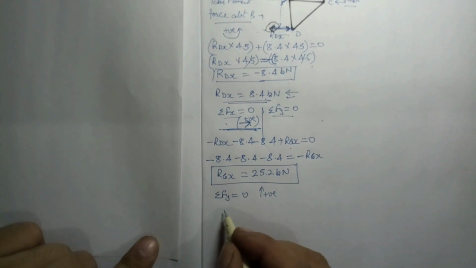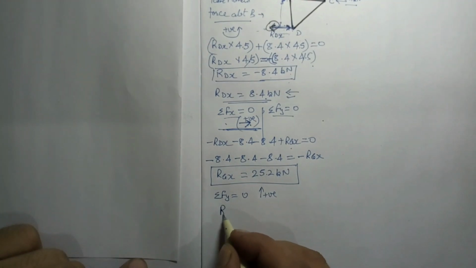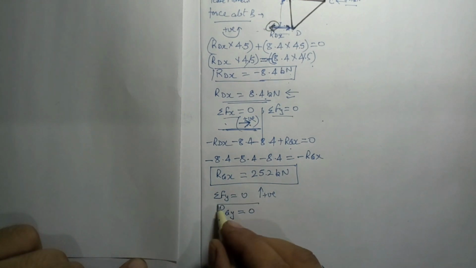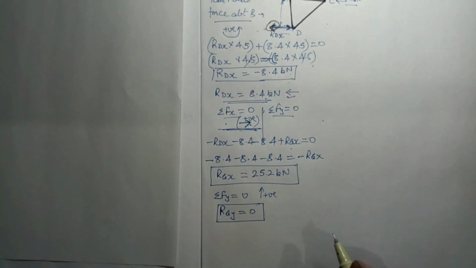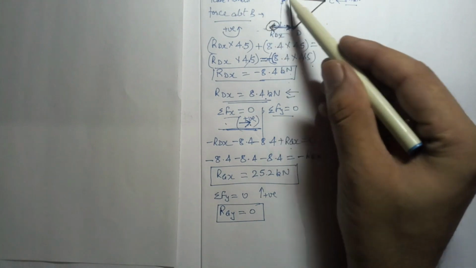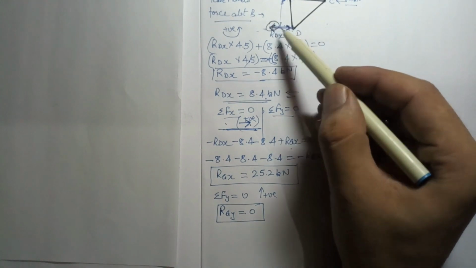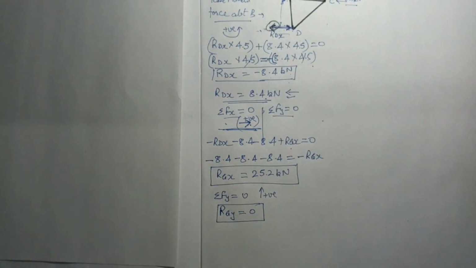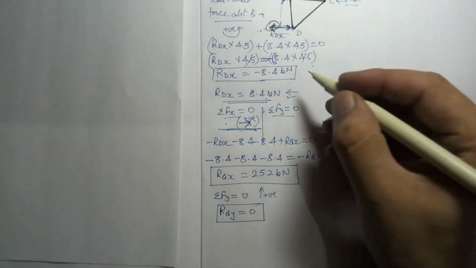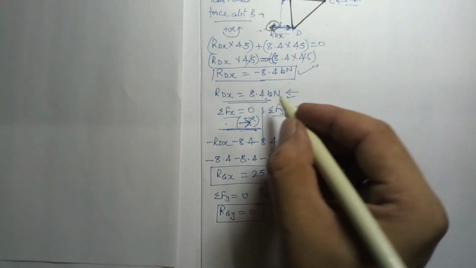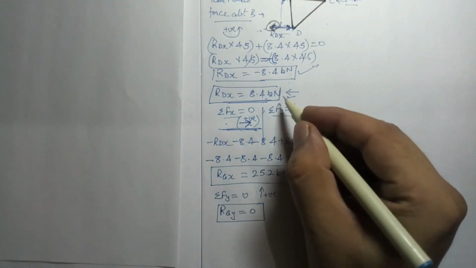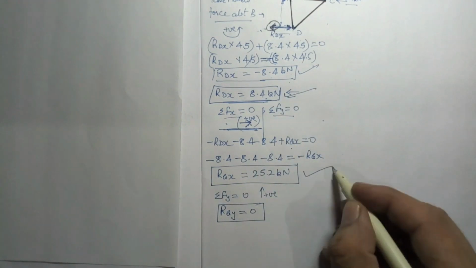So I can say RBY, the reaction at point B in the y direction, is 0, because no force is there. So we have only one reaction, RBX on the right side and RDX on the left side. So we found the reactions.